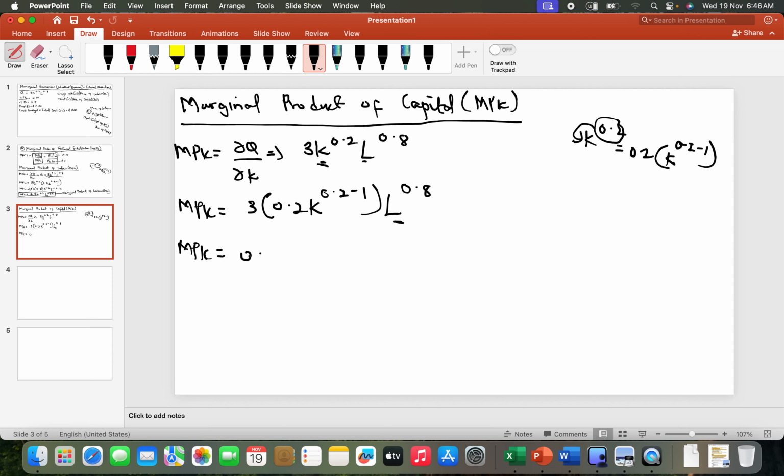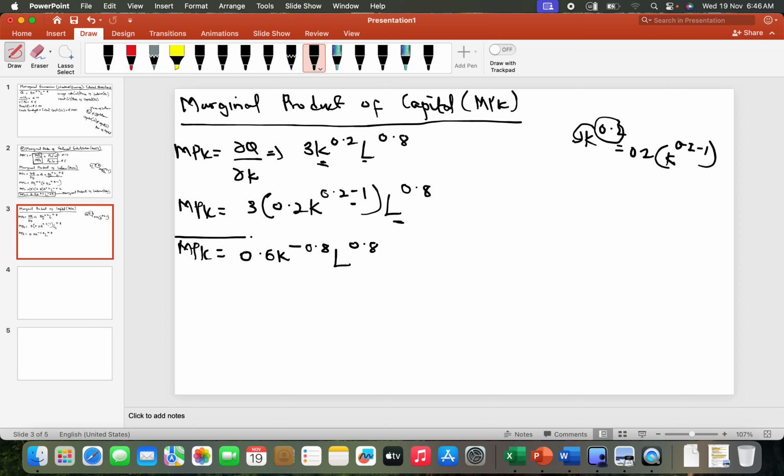So this is 0.6. Now repeat the variable K, 0.2 minus 1. I'm doing this side. So 0.2 minus 1 gives us minus 0.8. Repeat back my labor, L exponent 0.8.